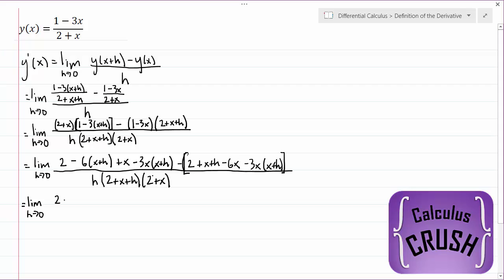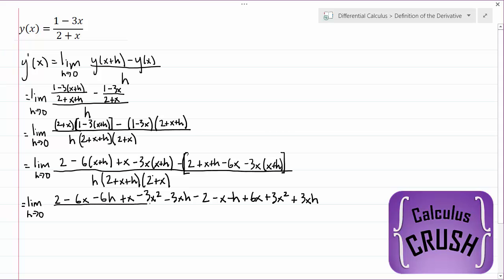So we have 2 minus 6x minus 6h plus x minus 3x squared minus 3xh minus 2 minus x minus h plus 6x plus 3x squared plus 3xh.